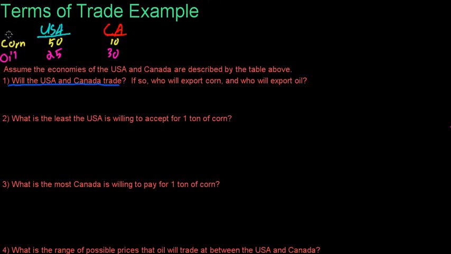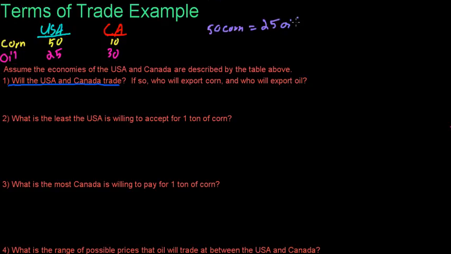So in the US, we can either produce 50 corn, or we can produce 25 units of oil.